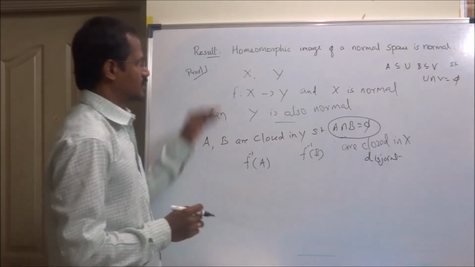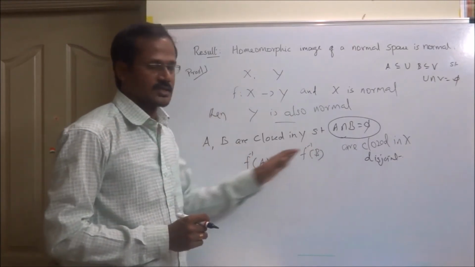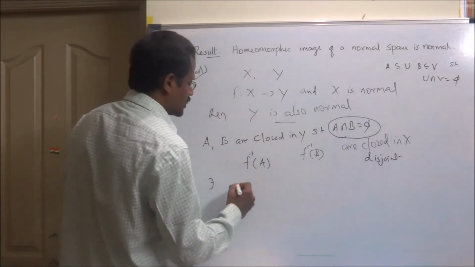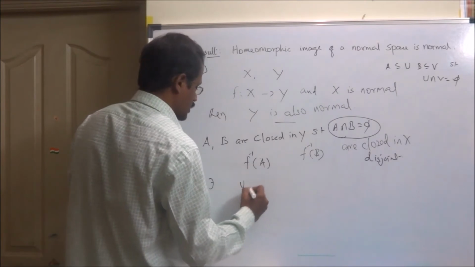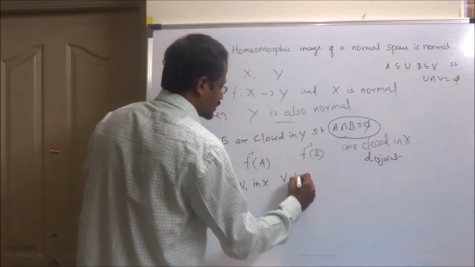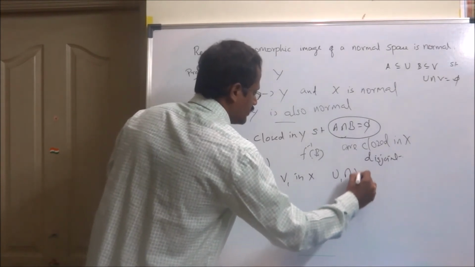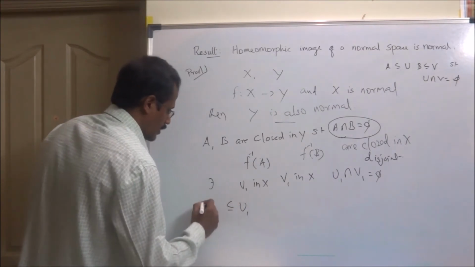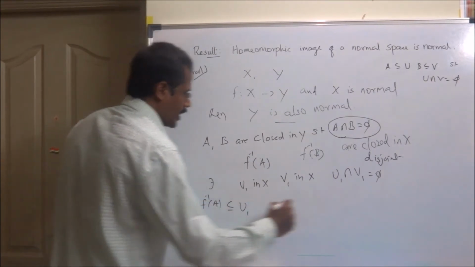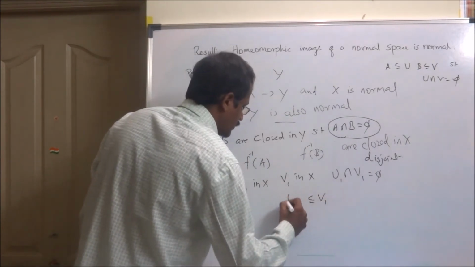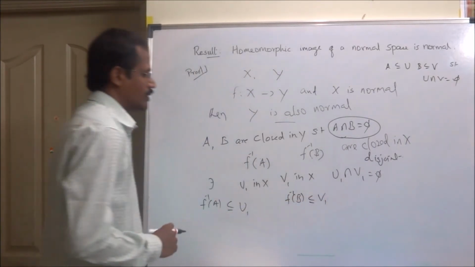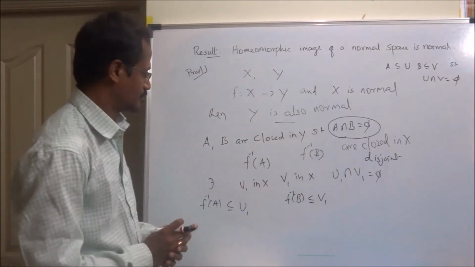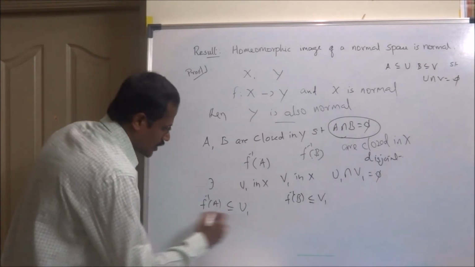Okay. Now look at that, X is a normal space in which you have two disjoint closed sets. Therefore by definition there are open sets, say U1 in X and V1 in X, such that U1 intersection V1 is equal to empty, and U1 containing the set F inverse of A and V1 containing the set F inverse of B. That means F inverse of A and F inverse of B can be separated by means of disjoint open sets in X. Now it is quite easy to write this line.